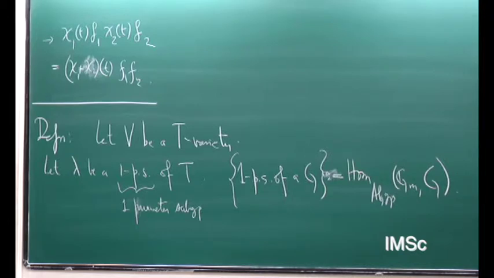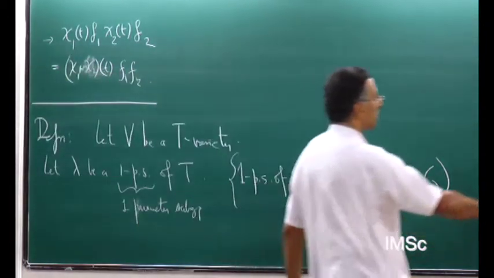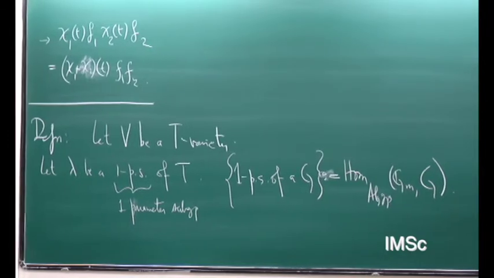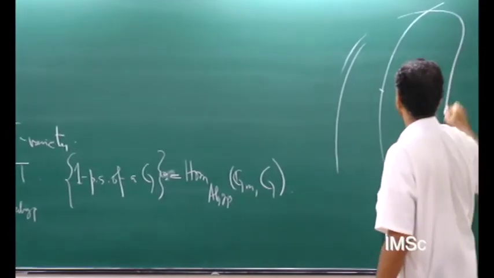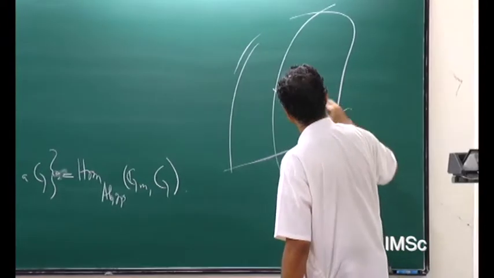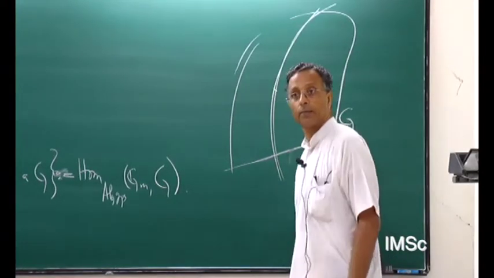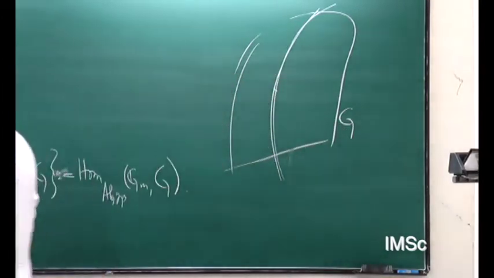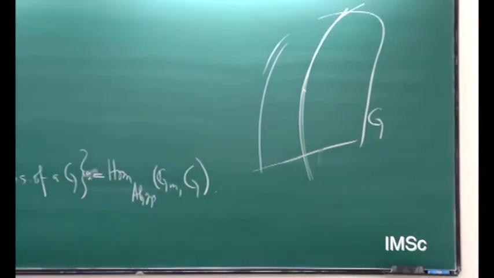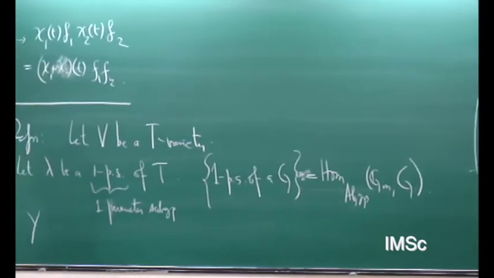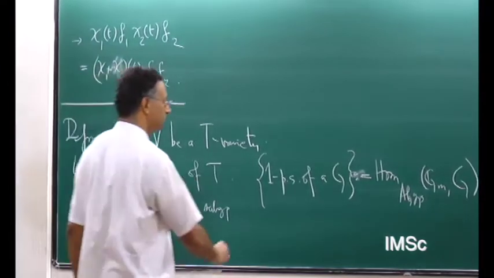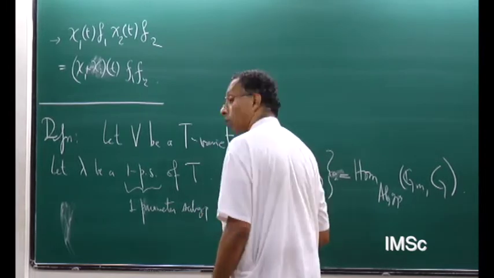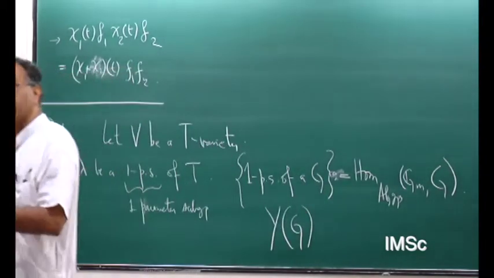So you should imagine some group like this. If this is your G, the one parameter subgroup is something like that. Okay. So let's also introduce some notation. Y of G. So there is a y and there is an x.